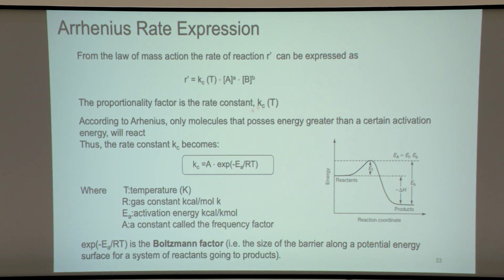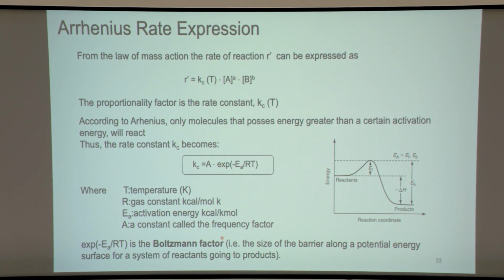The way we express it in classical Arrhenius form is Kc equals a pre-exponential factor times exponential minus an activation energy term divided by the gas constant R times the temperature. You could say this exponential minus EA over RT is the Boltzmann factor, which describes the change in the potential energy of the system.